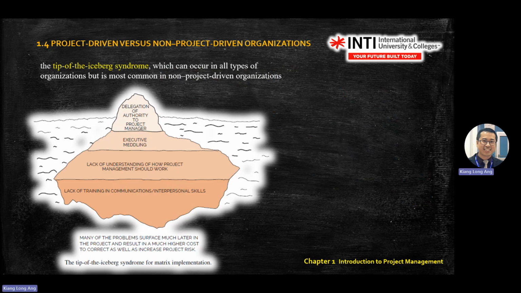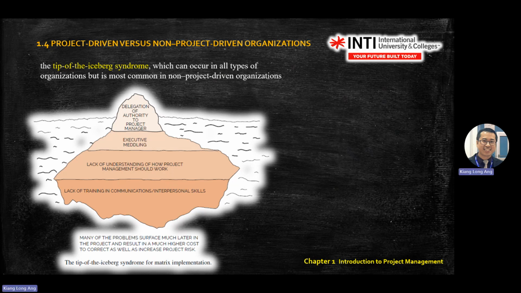The next diagram. Today you see two diagrams: one is the triangular one, primary, secondary, and the cycle outside. The second one is the org chart, project-driven and non-project-driven. The third one is this one, the iceberg, the tip of the iceberg syndrome. What is this?